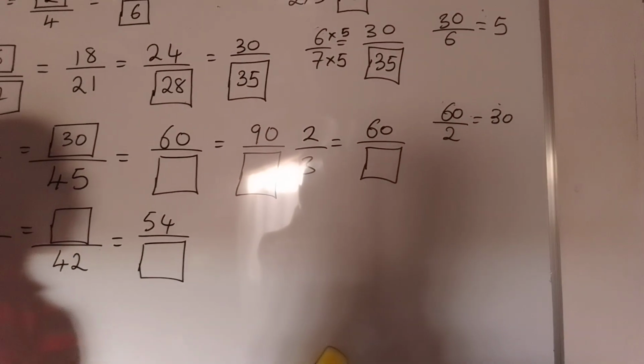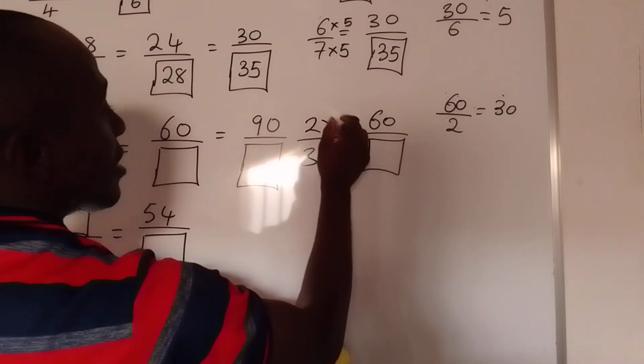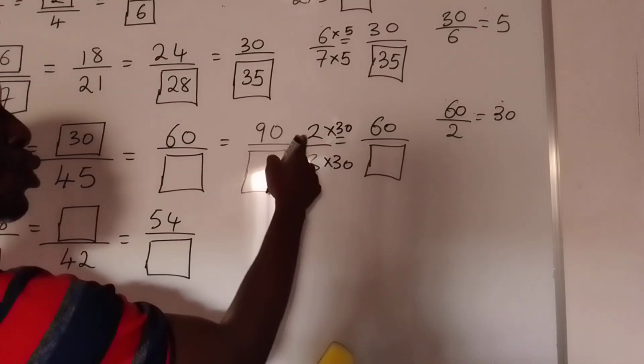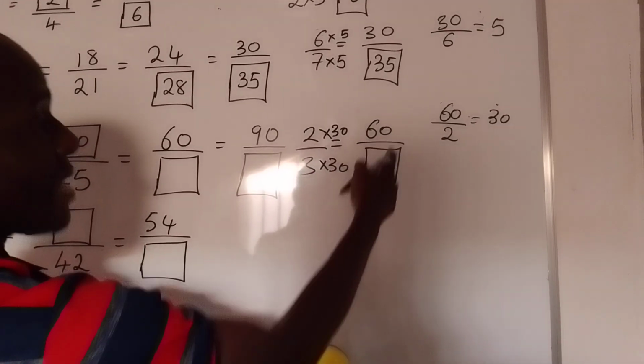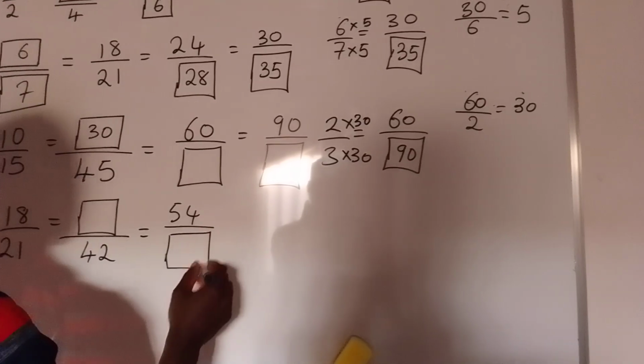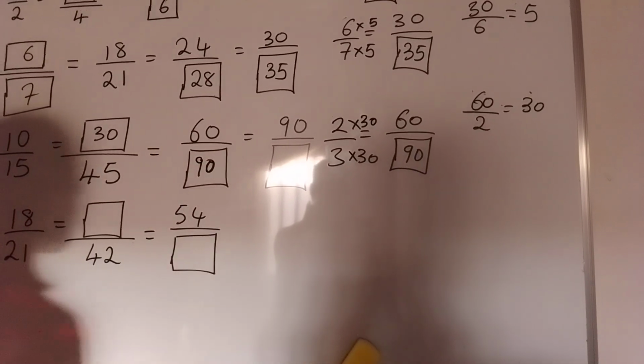So it is 30 we are going to use to multiply both the numerator and the denominator. 2 times 30, can it give us 60? Yes. So 3 times 30 is 90. So our answer here is 90.